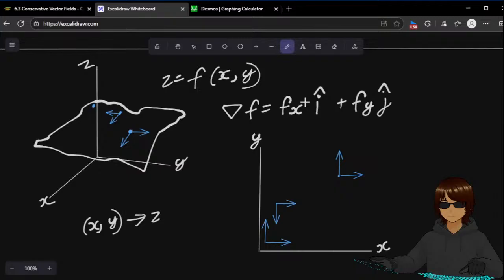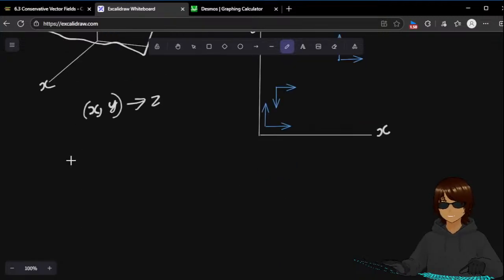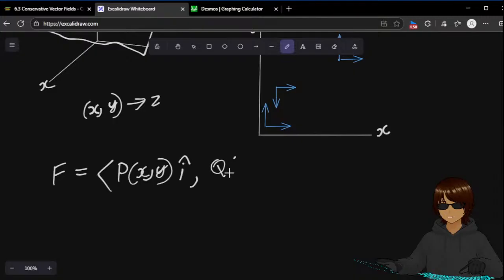This F is sometimes represented with a different function called the vector field function. A vector field function is defined by two equations: P of x, y times i, and Q of x, y times j.